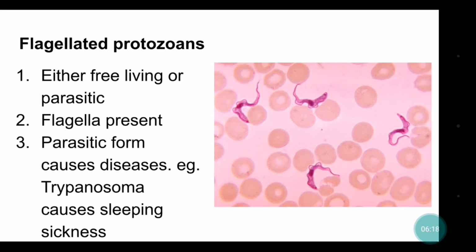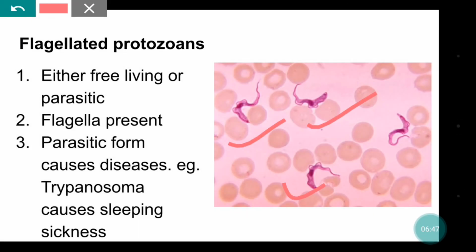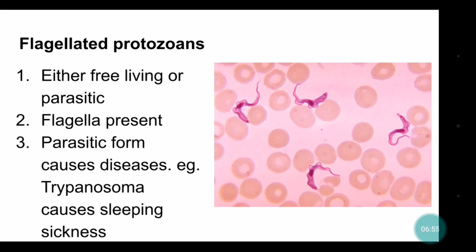They occur free living, or can exist in the form of parasites. A parasitic form causes diseases, and its example is Trypanosoma, which causes sleeping sickness. Here you can see these are flagellated protozoans, Trypanosoma, and it causes sleeping sickness in humans.